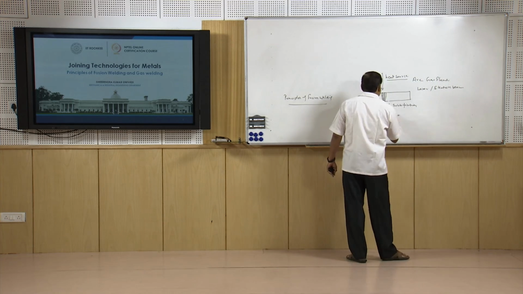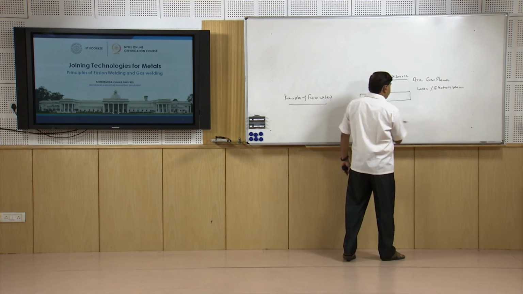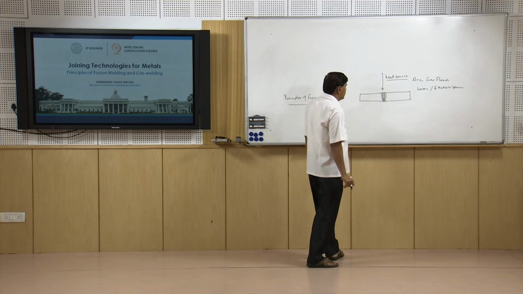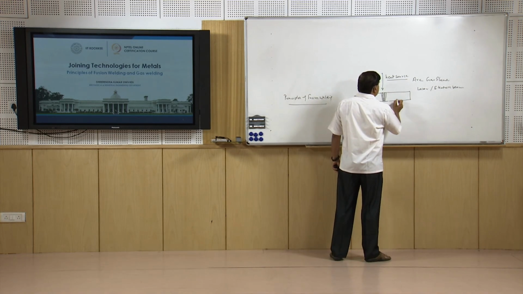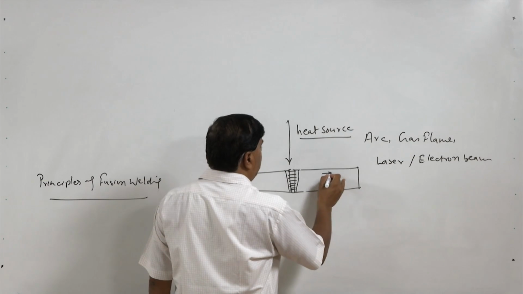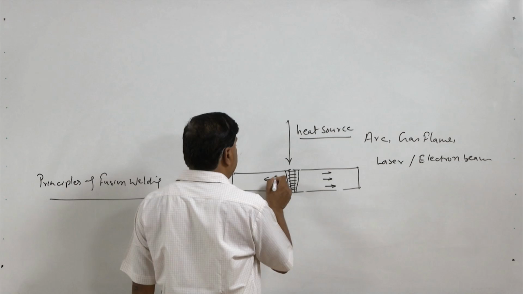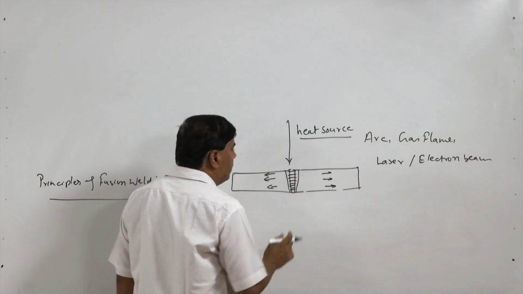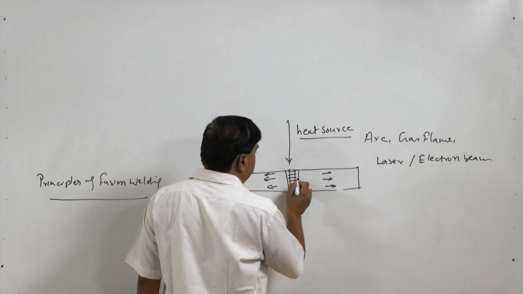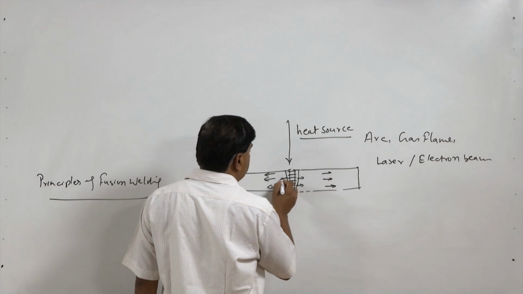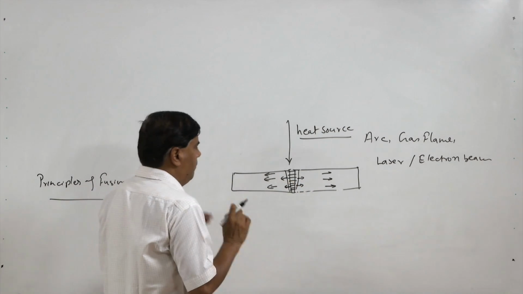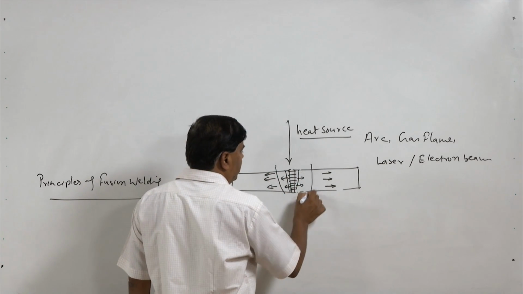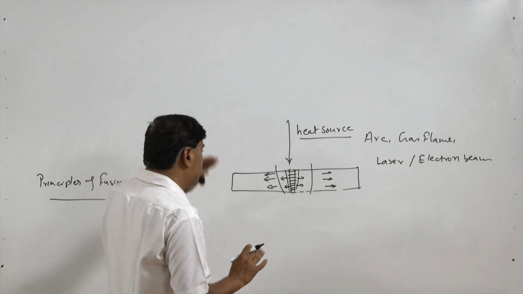Related to this only, since we have supplied heat for the fusion of the fitting surfaces, due to the thermal conductivity of the base metal, some of the heat is transferred to the underlying metal below the fusion boundary, and this heat transferred to the base metal increases the temperature of the metal to different degrees.